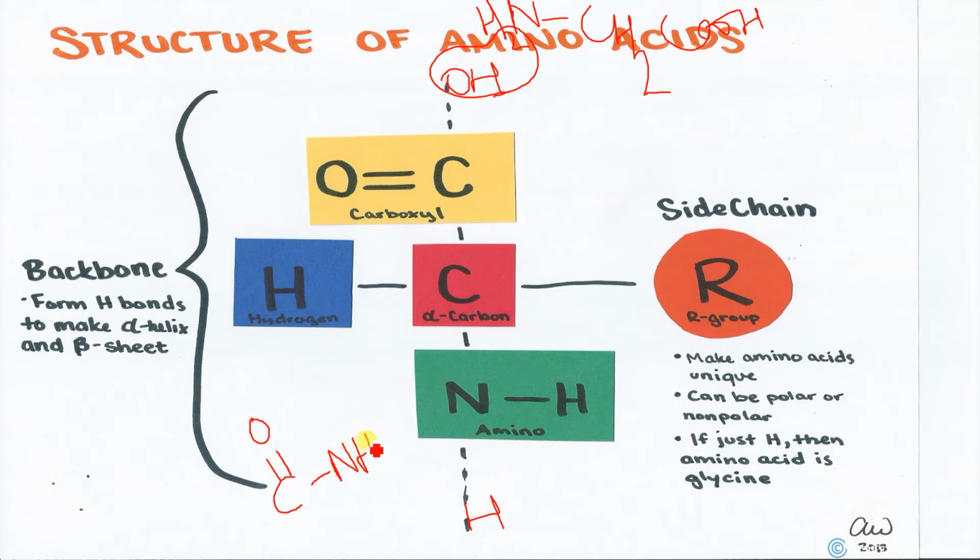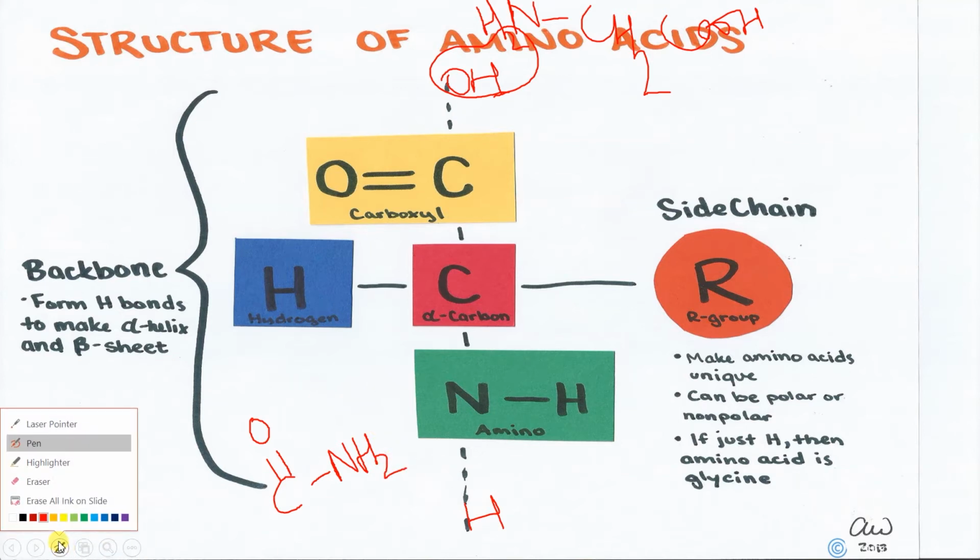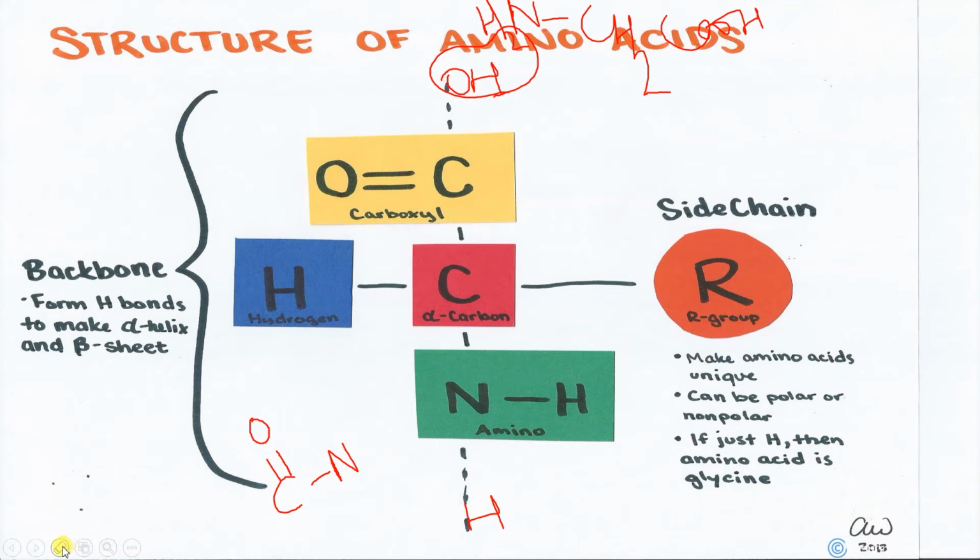So all the amino acids will be linked with this. Sorry, it is not NH2, it will be NH only. Let me write over here, this is NH. So this is the continuation bond, it will go like this.